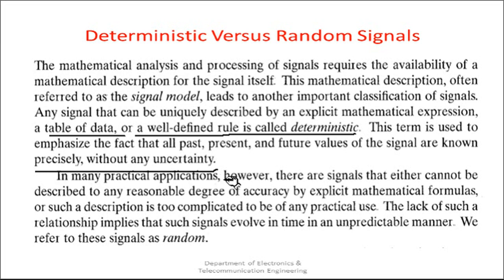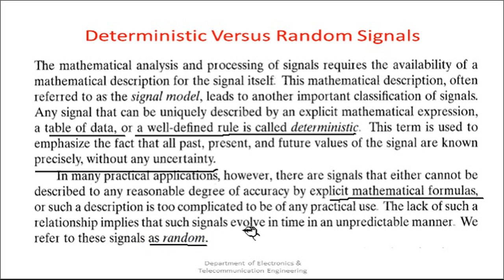Uncertainty and probability have, we can say, an inverse proportion. In many practical applications, however, there are signals that cannot be described to any reasonable degree of accuracy by an explicit mathematical formula. Like whatever we just mentioned, if it is not bounded with respect to the formula or the mathematical model, that is nothing but the random signal.